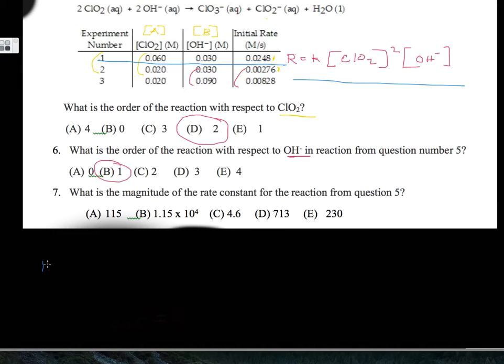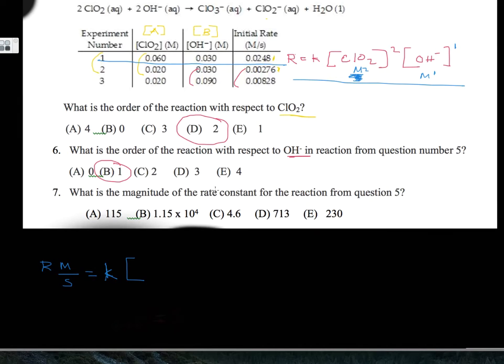So our rate, which is going to be in molar per second, equals our constant, which we don't have the units for yet, times, and as a note, these are all molar, and the molar goes inside of the brackets. This one is molar squared, and this one is molar, because it's just molar to the first.